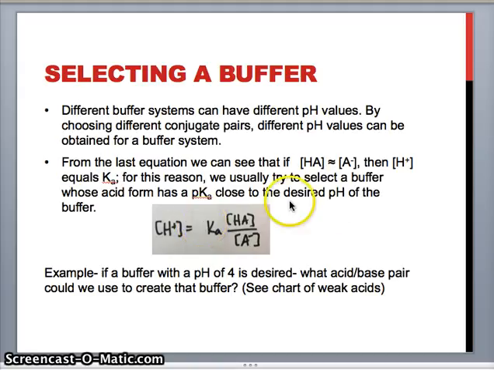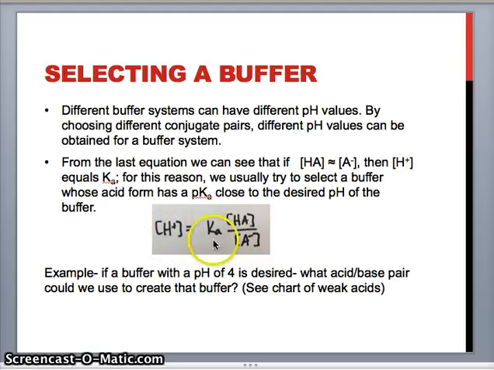So from the last equation we saw that if the HA, the acid concentration, is approximately equal to our base concentration, then that ratio would be 1, no matter what their concentrations are. If they're both 1 molar, if they're both half a molar, they would cancel out to just be 1, so that our H plus concentration is equal to our Ka.